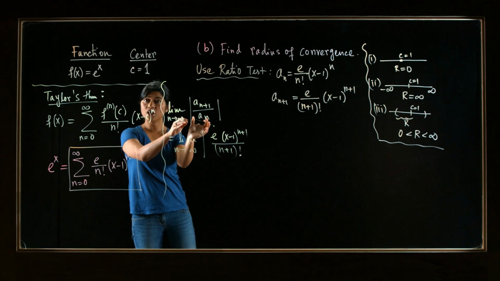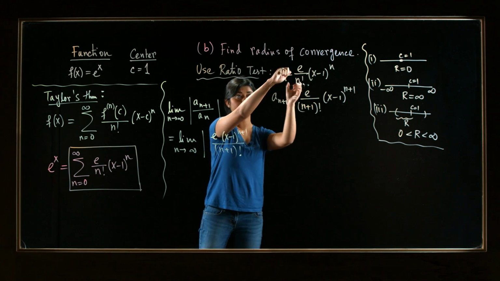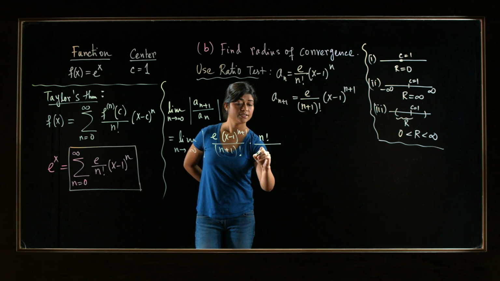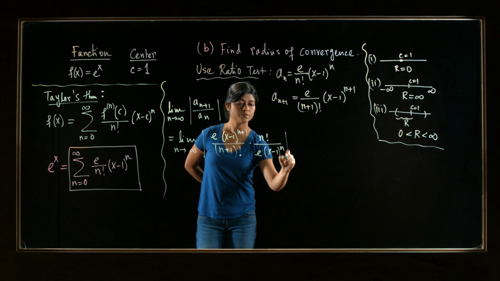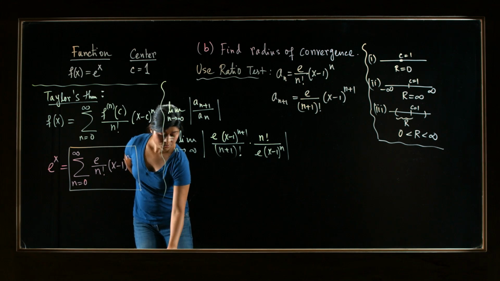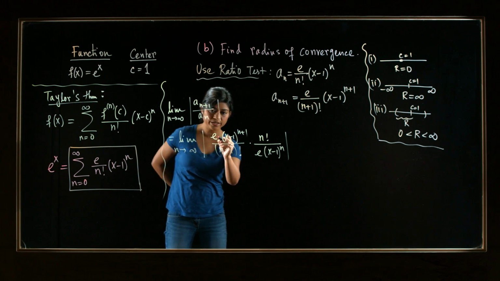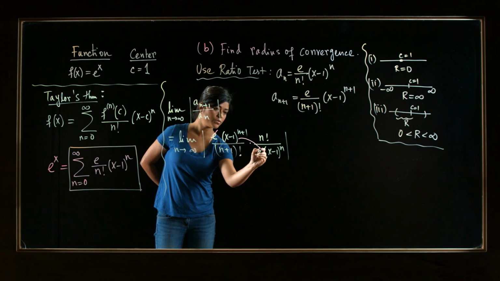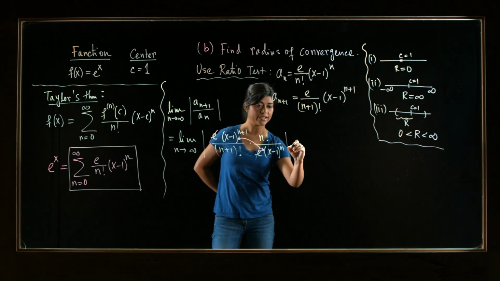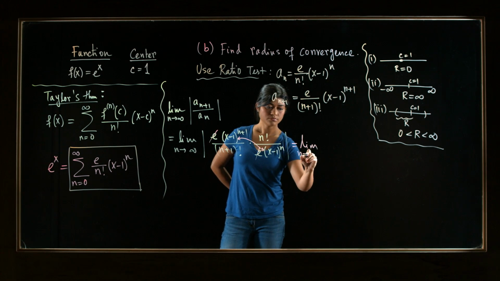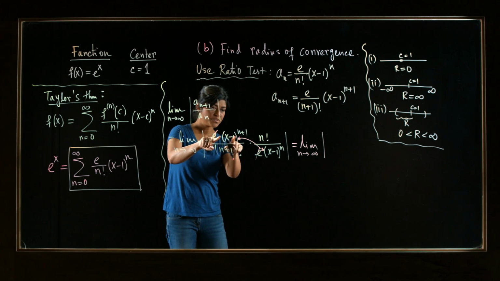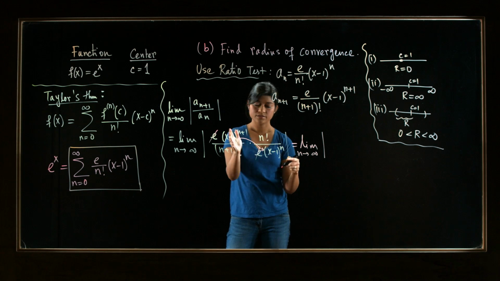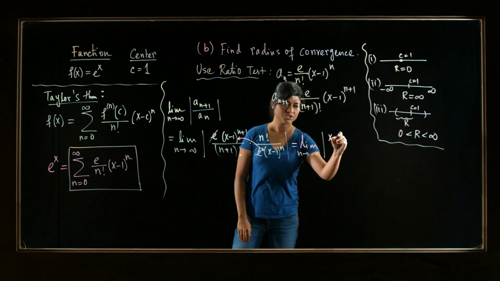And then a_n is in the denominator, so you just flip it and multiply: n factorial divided by e times (x minus 1) to the power n. Now see if you can cancel some things. Right away the e cancels. Now there are like terms, the x minus 1 terms in the numerator and denominator, and they will cancel. There's an extra 1 in the numerator, n plus 1, and in the denominator we have n many. So n of them will cancel, and you'll be left with just x minus 1.